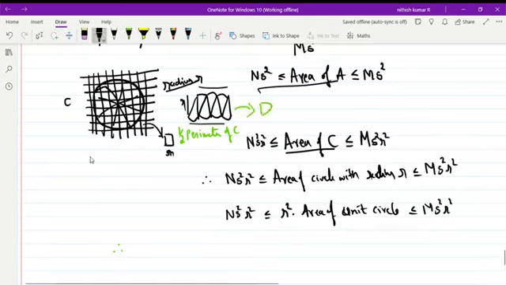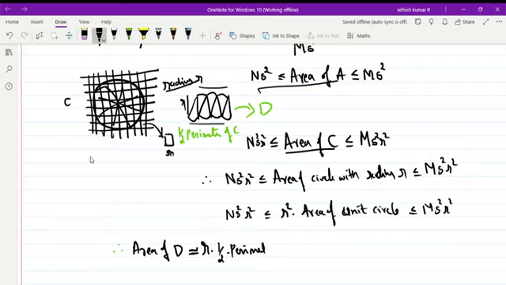Therefore the area of D is nearly equal to r into 1/2 into the perimeter of the circle with radius r.